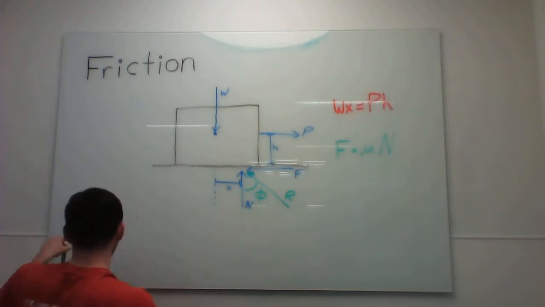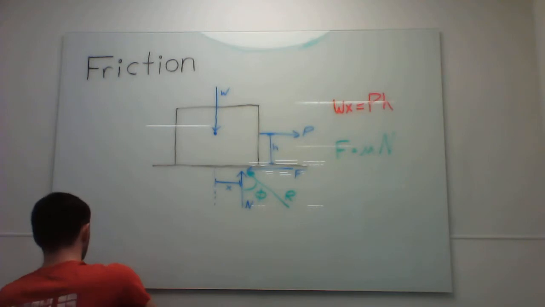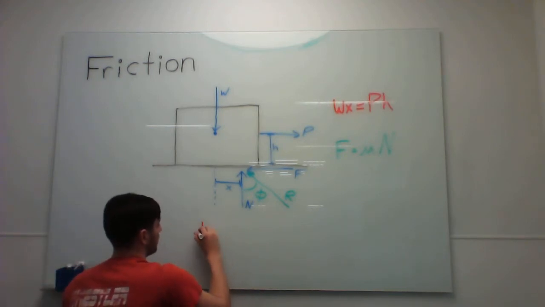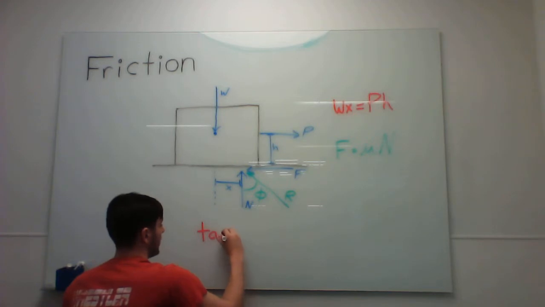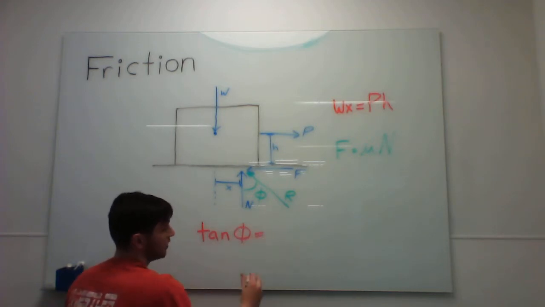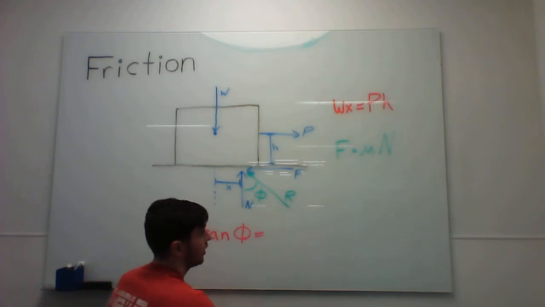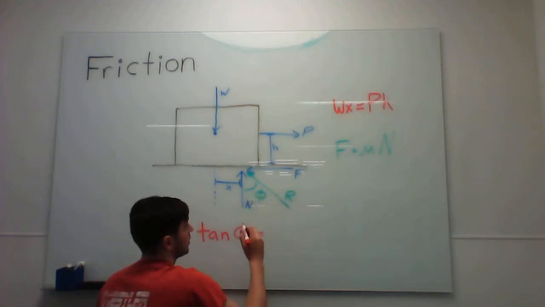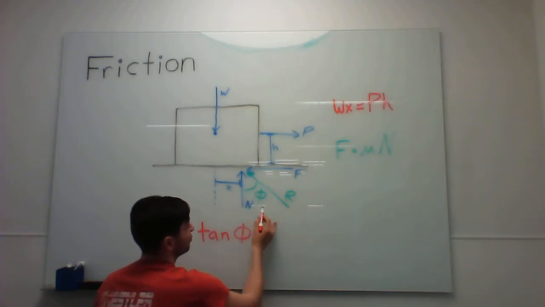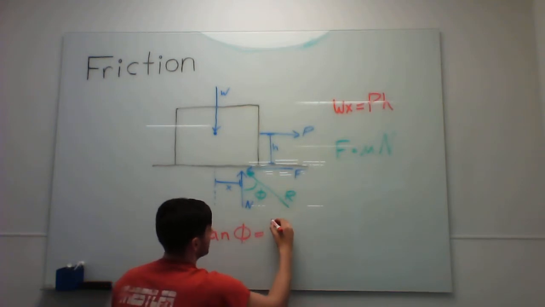So in order to find this angle, the tangent of that angle is going to be equal to the frictional force over the normal force, because this normal force can also be shown right here.